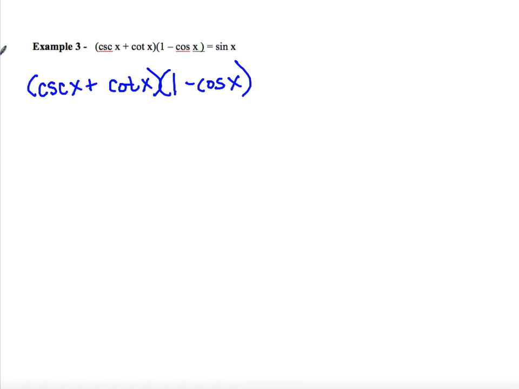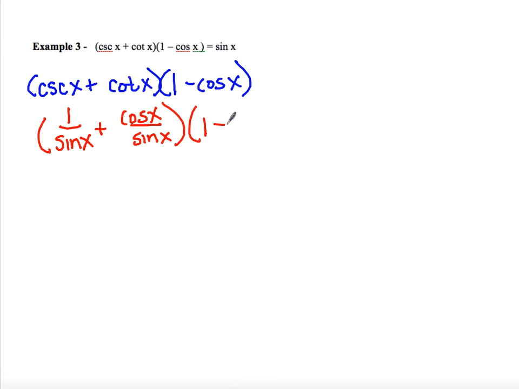All right, so let's say that I decide, what do I want to do here? Maybe I'm going to change these to sines and cosines in the expression first before I distribute. So that would give me 1 over the sine. The cotangent is cosine over the sine.